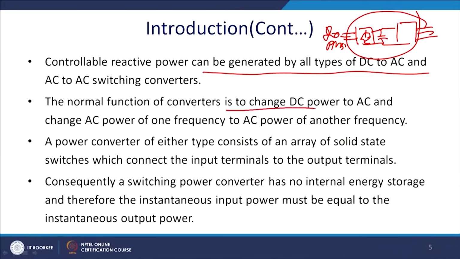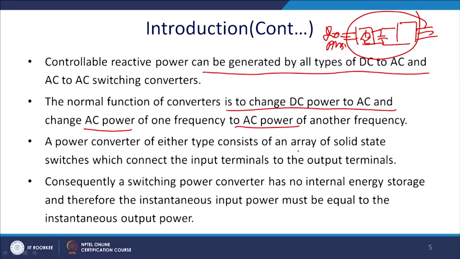The normal function of the converter is to change DC power to AC and one AC frequency to another frequency. That is actually the example of the matrix converter. The power converter of either type consists of an array of solid state switches connected to the input terminal and the output terminal.